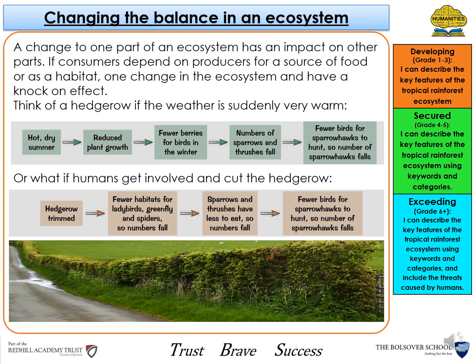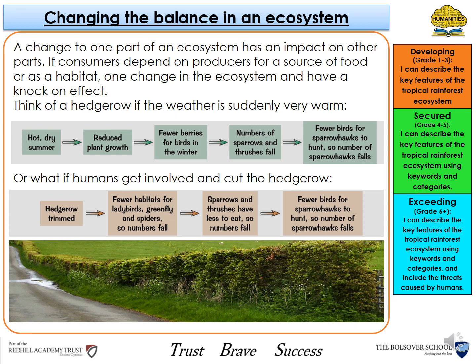If they don't grow as much, there are going to be fewer berries on that hedgerow in the winter, and therefore in the winter the number of thrushes and sparrows won't be able to survive in that ecosystem as much because of a lack of food for the birds. That has a knock-on effect with the other consumers in the food chain like the sparrowhawks, because they've got no smaller birds to try and kill to eat.